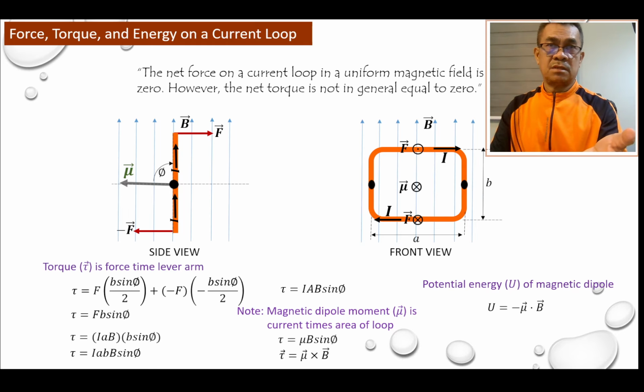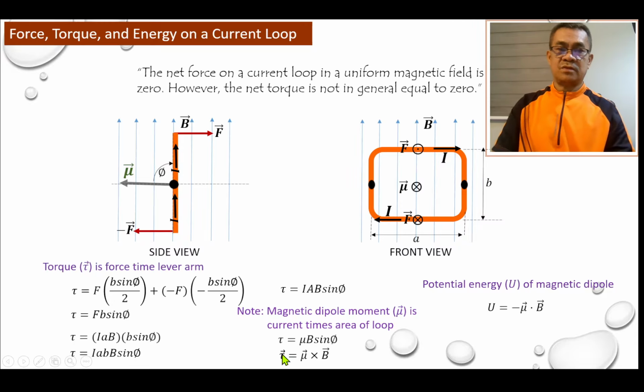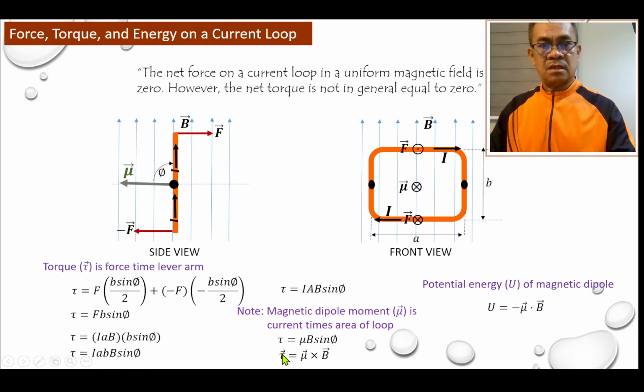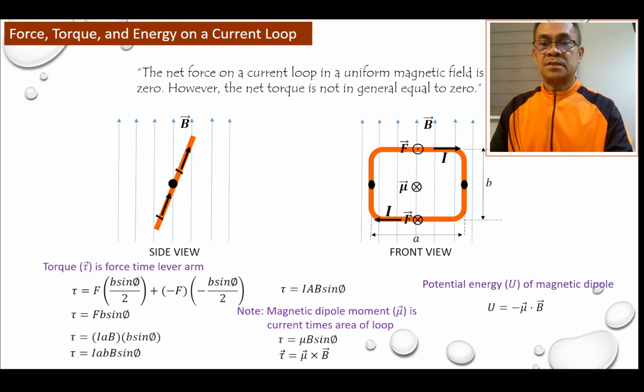Cross means rotation, so this will rotate and tend to move to horizontal alignment. You can ignore the other forces that pull on it. Consider only mu and B, because they dictate the rotation of the system, which is the current loop.